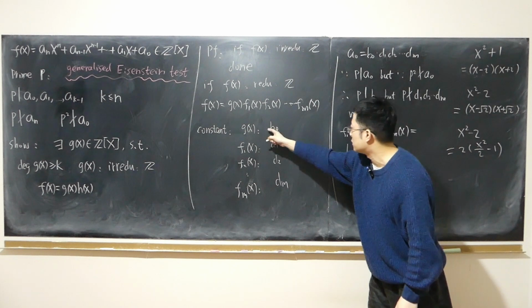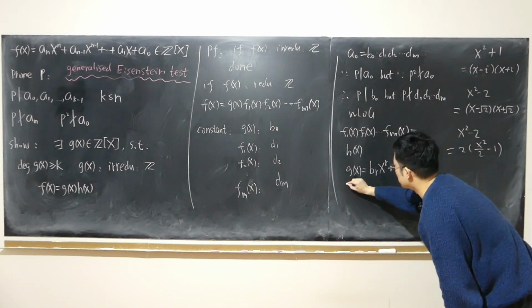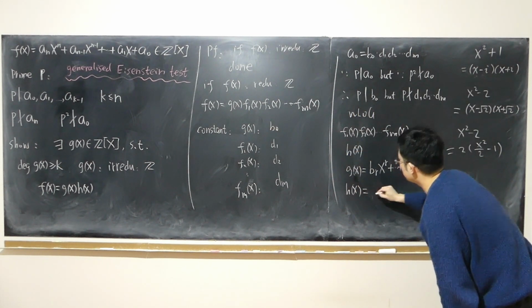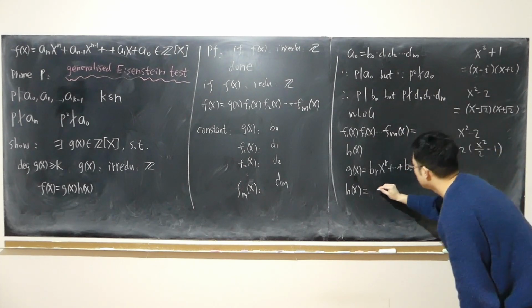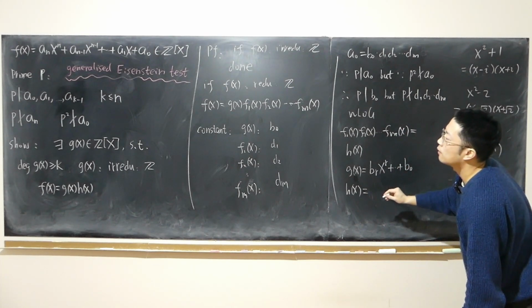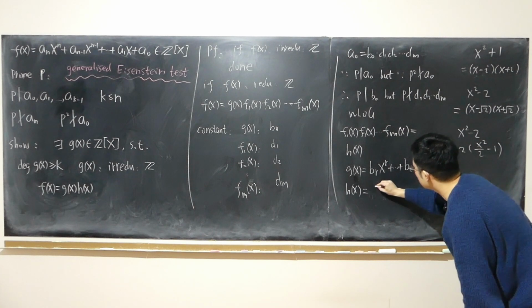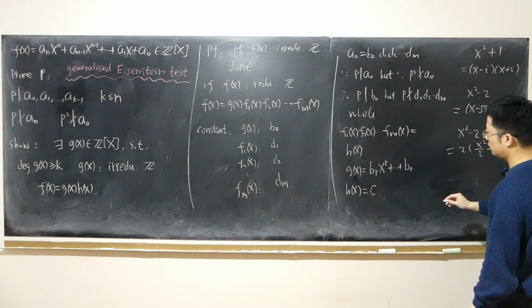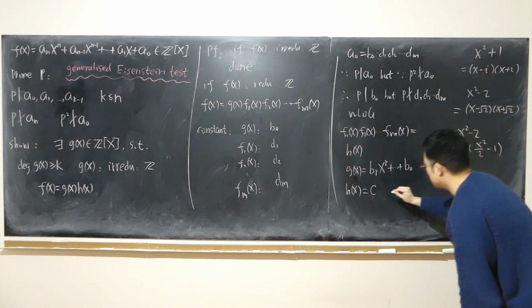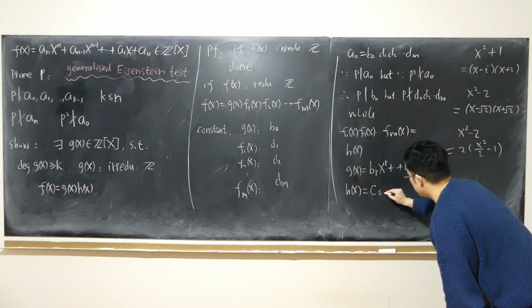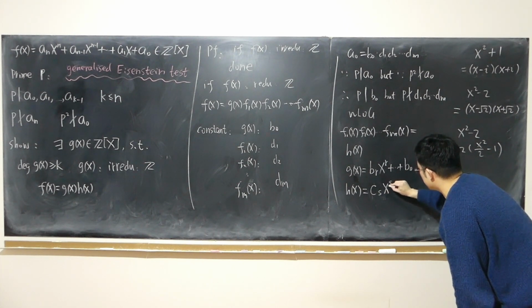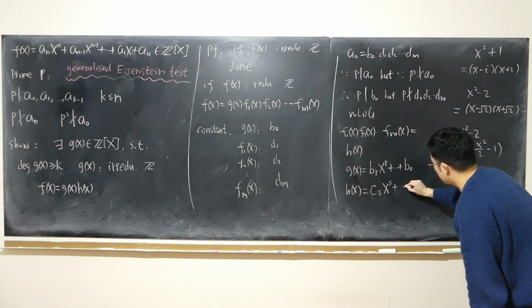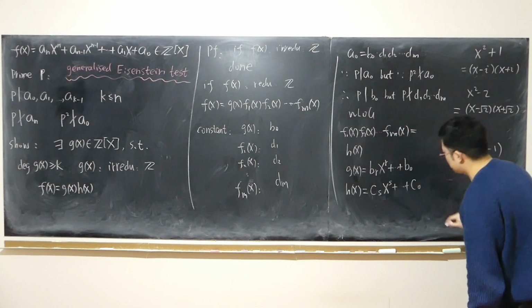And let me just write h(x) as c_s x^s, descending order, all the way down to c naught, right?